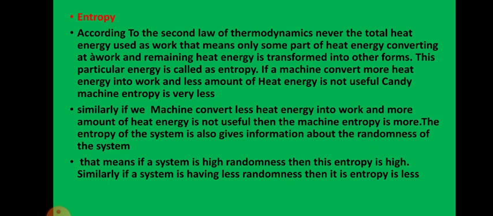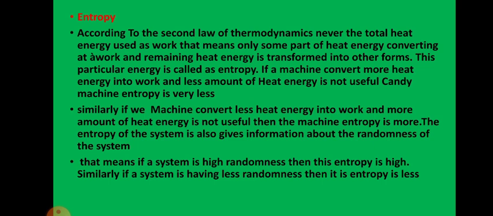So very important one. I will again explain entropy. According to the second law of thermodynamics, the total heat energy is never used as work. That means only some part of heat energy is converted to work, and the remaining heat energy is transferred into other forms.